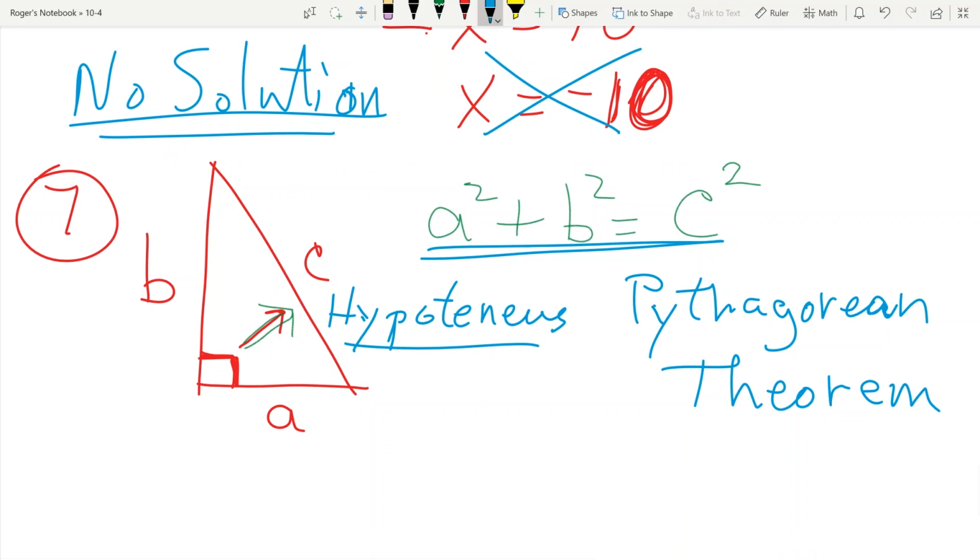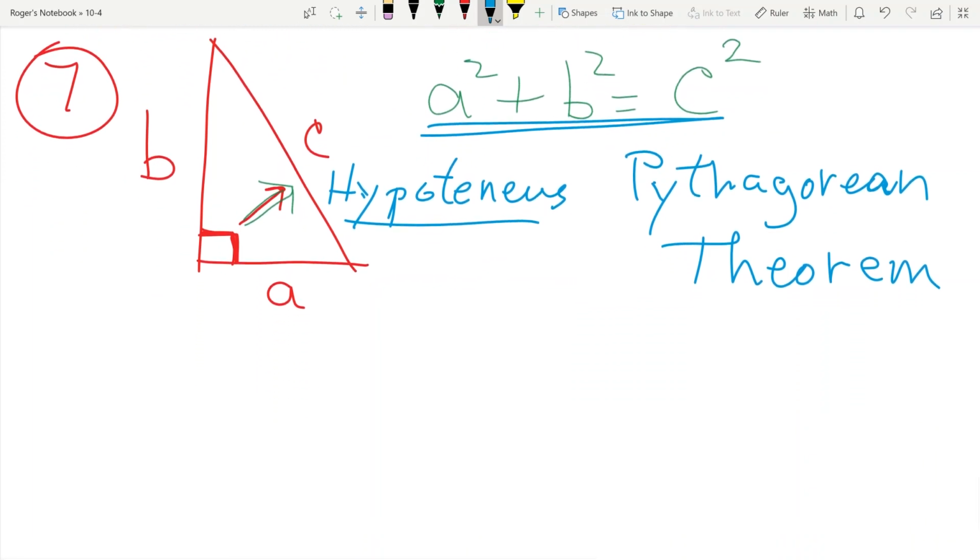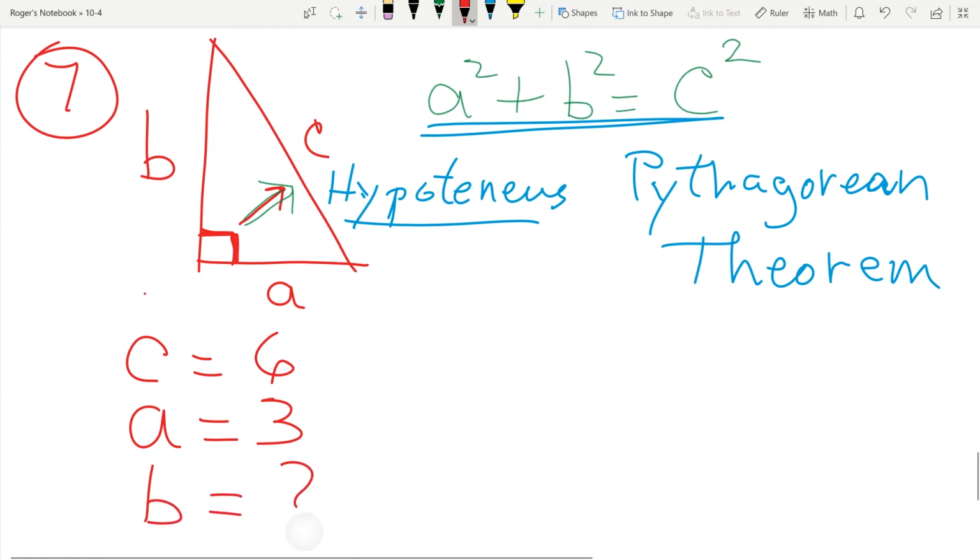Now, all right, here comes the problem. Let's see if you can handle this one. I want you to find b. So here's the question. If c is equal to 6 and a is equal to 3, please find b.